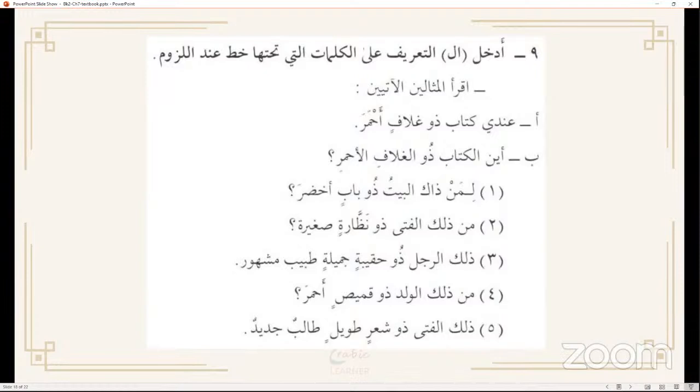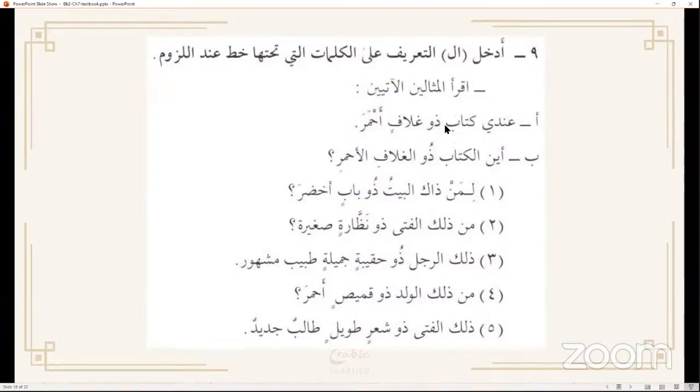For example, عندي كتاب ذو غلاف أحمر means I have a book with a red cover. So how is zu acting here?